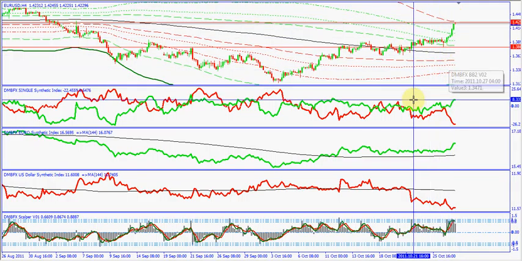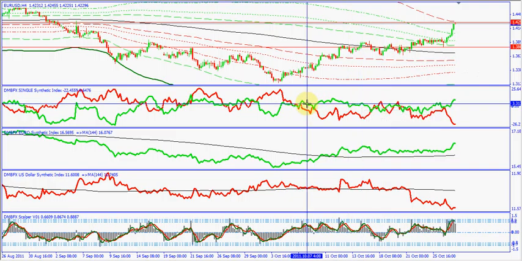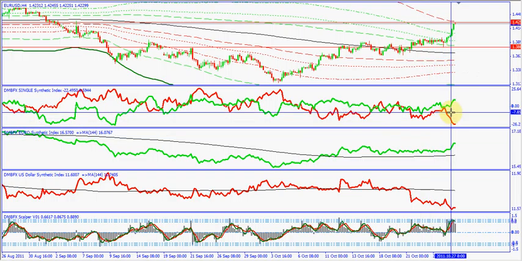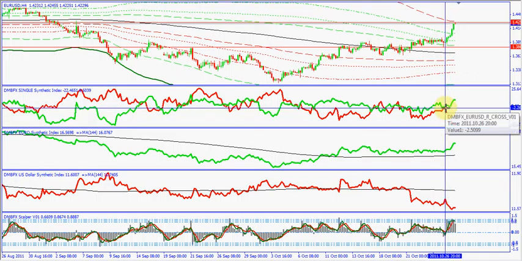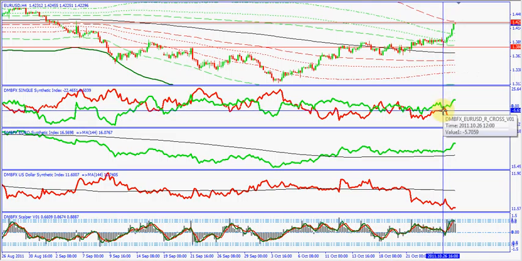If we look at the individual currencies here, you'll see some pretty interesting stuff as well. There's been quite a bit of divergence taking place today, with the euro being very, very bullish and obviously the dollar dropping quite a bit.